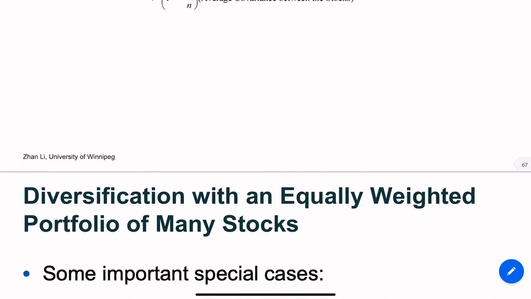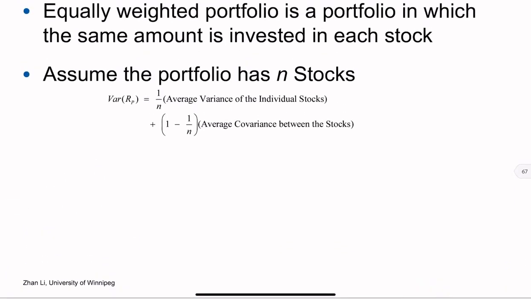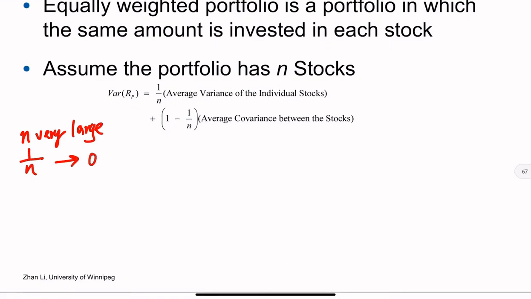Okay, now let's talk about the first case. So the first case is N is very large, right? So we have a lot of stocks. Now, if you look at this formula, you can see that if N is very large, then this implies 1 divided by the number of stocks approaches 0. This right arrow means approaches, or close to.